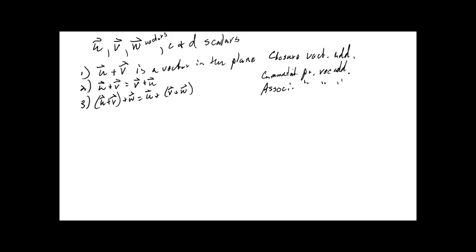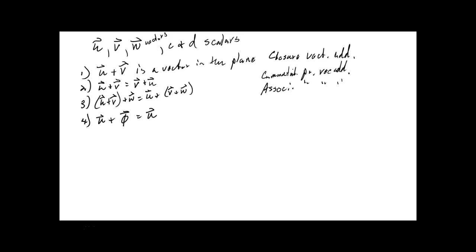Now, the fourth one says that u plus the vector 0, that's a bold 0, meaning it's the 0 vector. Anytime you add the 0 vector to a vector in the same space, this is in the plane now, 2-space, where the 0 vector is just 0, 0. So you add u, which is u1, u2, to 0, 0, you get u1 plus 0 is u1, and u2 plus 0 is u2.